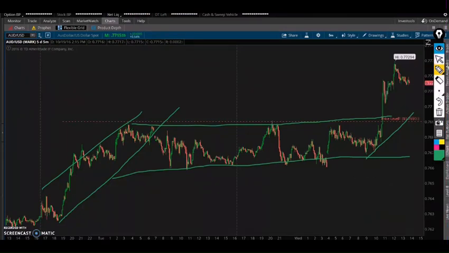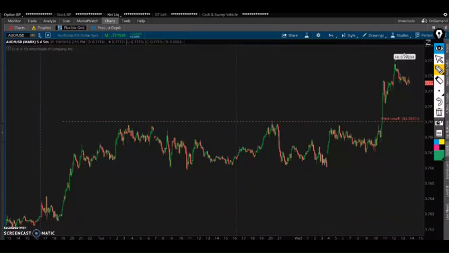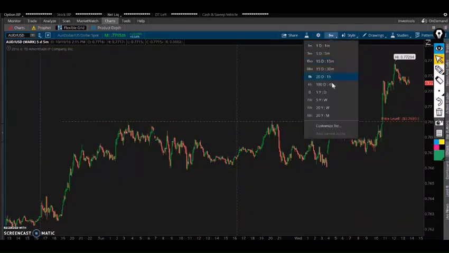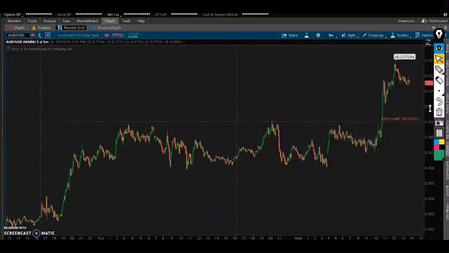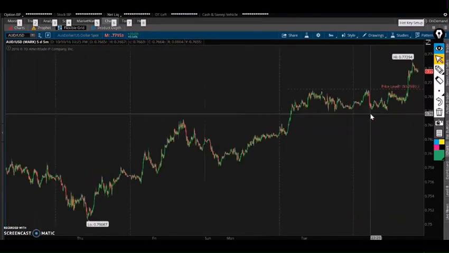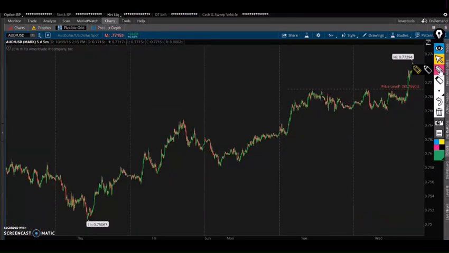and if we take a step out, we can get a sense for why this really took off the way it did. So we've got a much longer uptrend.